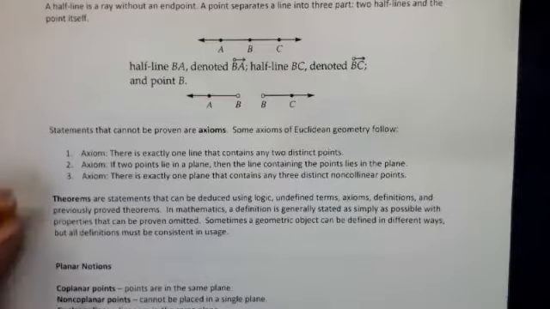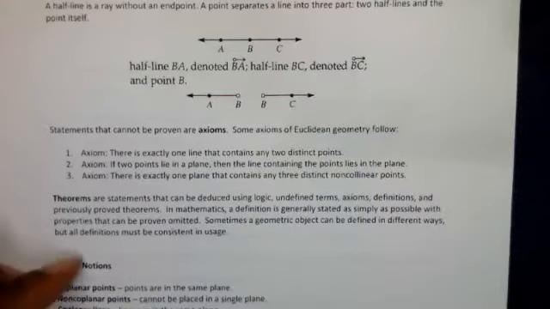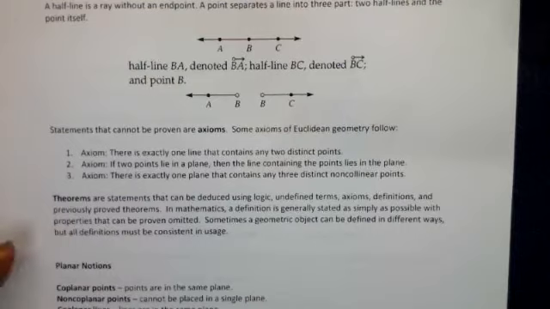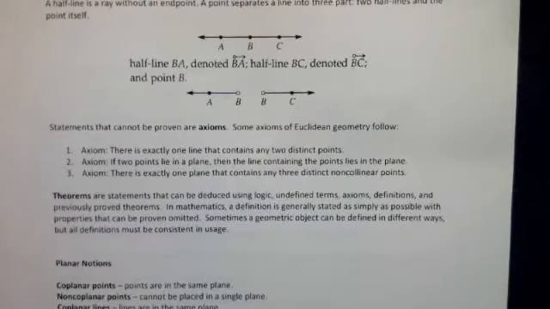So he came up with things that are related to the field of geometry. And here's some axioms here. One of them says there is exactly one line that contains any two distinct points. There's one line that contains two distinct points.